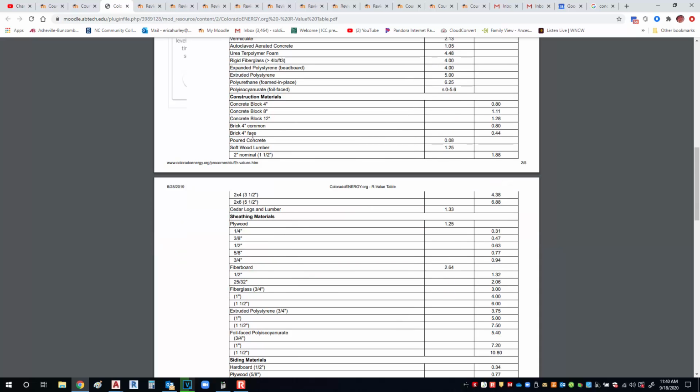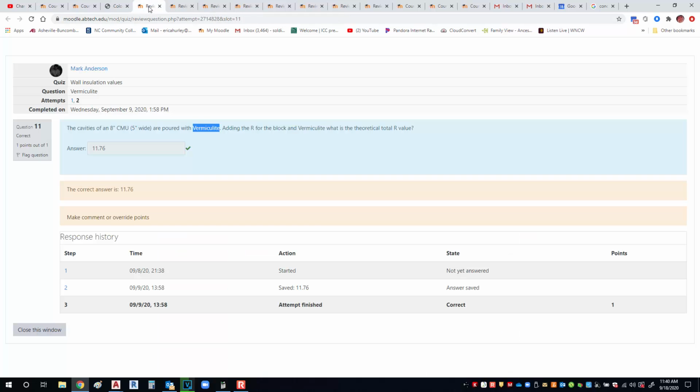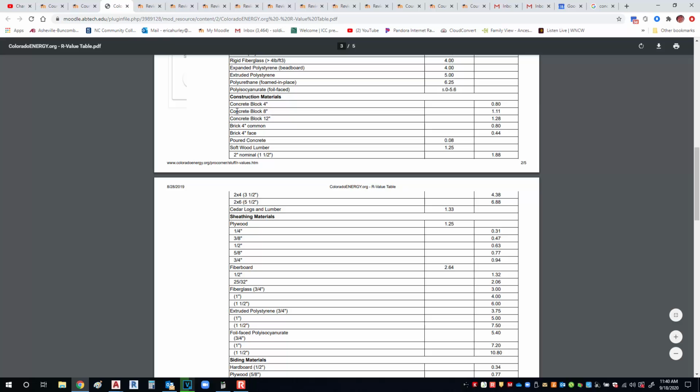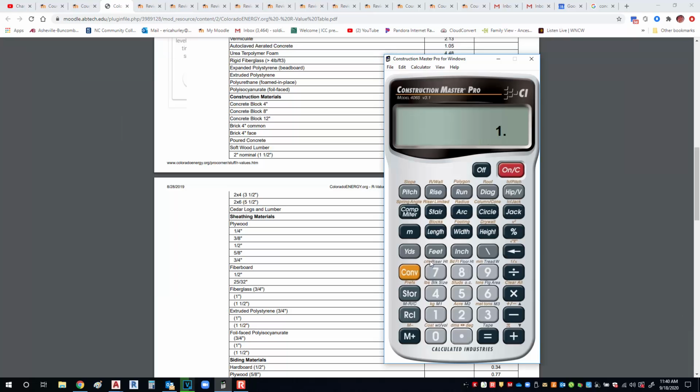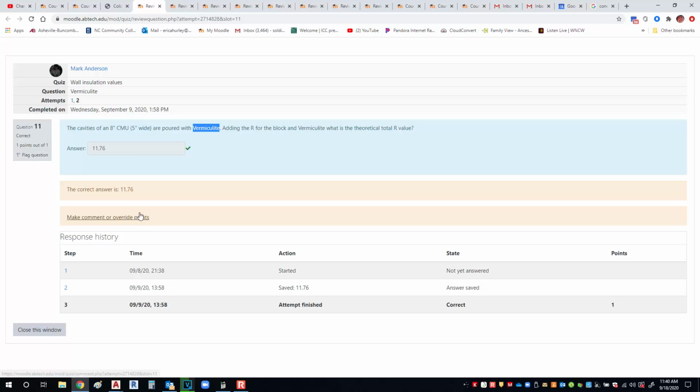Nope. Poured concrete block. Did I say what size? 8 inch. Yes, I did. So 8 inch concrete block gives us a 1.11. I'm going to add 1.11 to that to end up with 11.76. And 11.76 is the right answer. Good going, Mark Anderson.